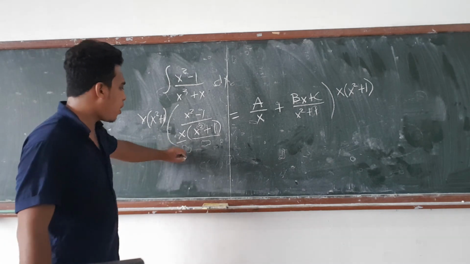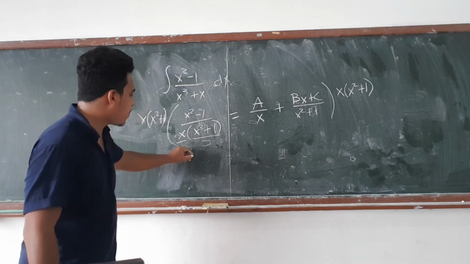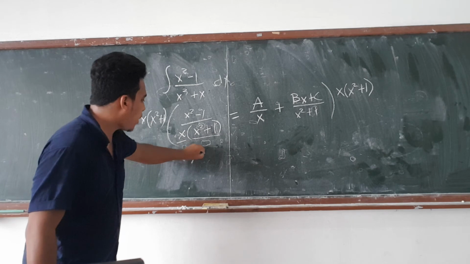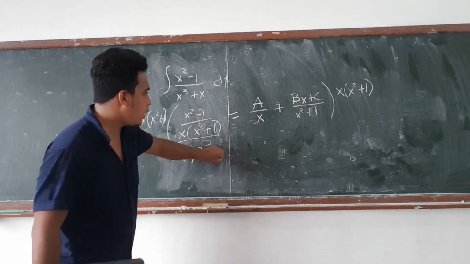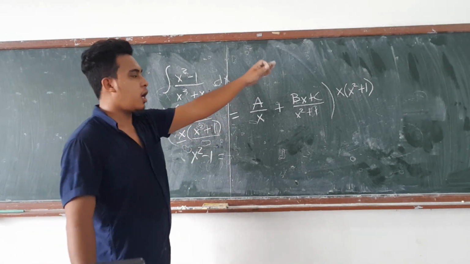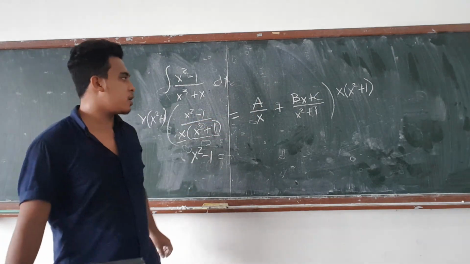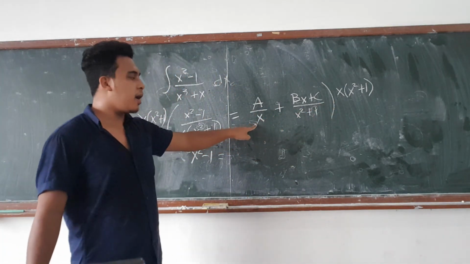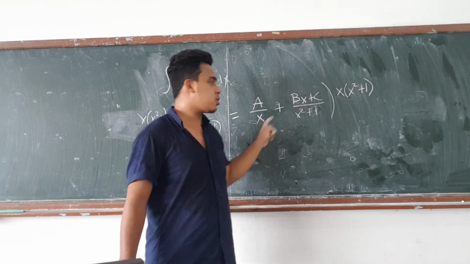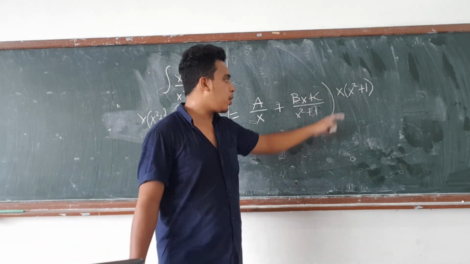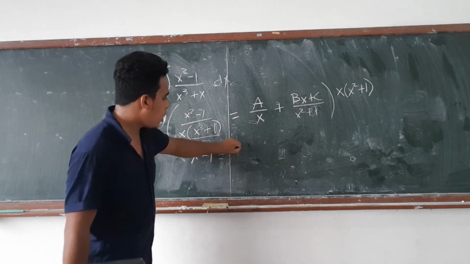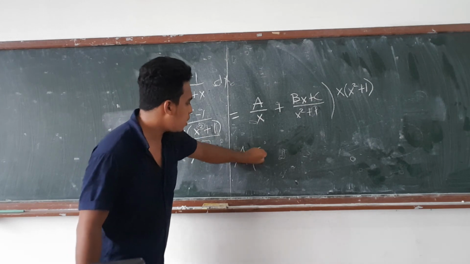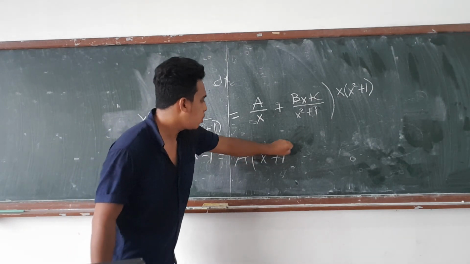The remaining expression will be x squared minus 1 equals x times the quantity of x squared plus 1 divided by x. So x and x will be cancelled. Then x squared plus 1 times a, that would be a times x squared plus 1.